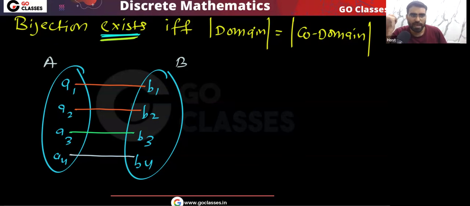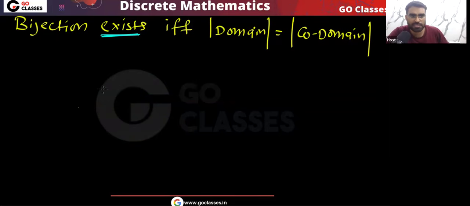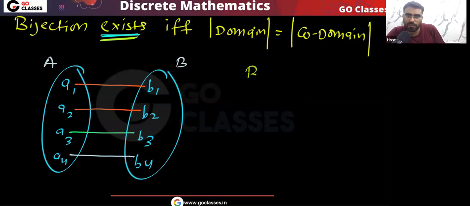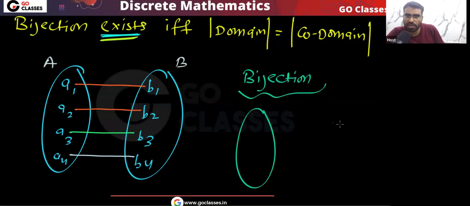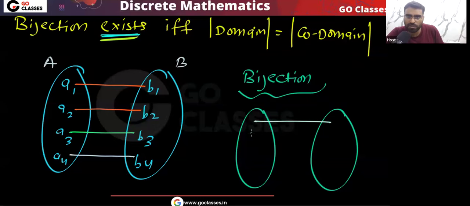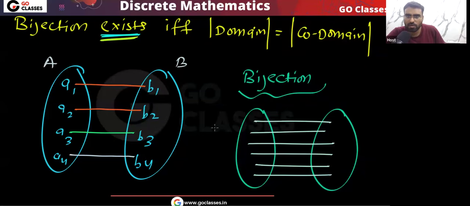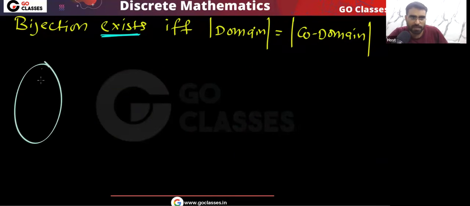Now let me tell you, every bijection you can draw like this. Very interesting thing, that every bijection you can draw in this type of diagram. This beautiful diagram you can create for every bijection. Let's see how. For example, let me take this ABC, ABC.